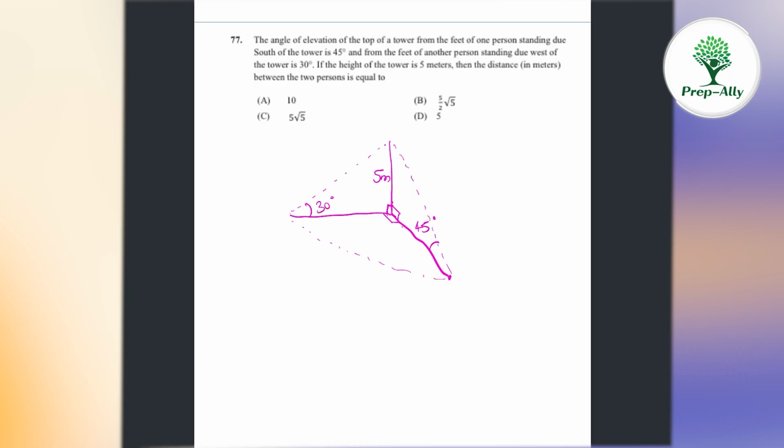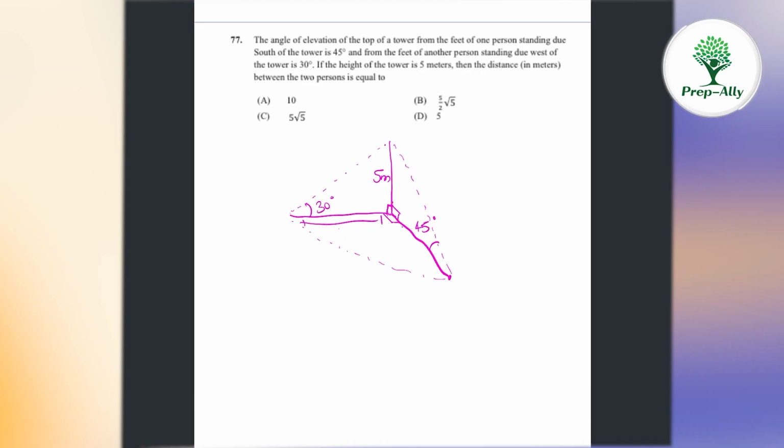All three are right angle triangles, and we can use the trigonometric ratios here. So if this is 5 meters, then this length is what? So this by this is cot 30.